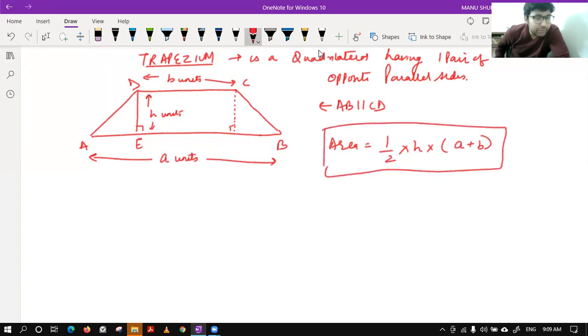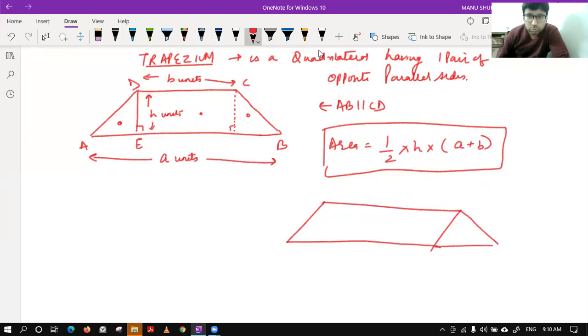There are many ways to find the area of a trapezium. You can find the area of the triangle separately and add the area of the rectangle to it, or you can make one triangle and one parallelogram like this. Let me show you. Like this also you can do.